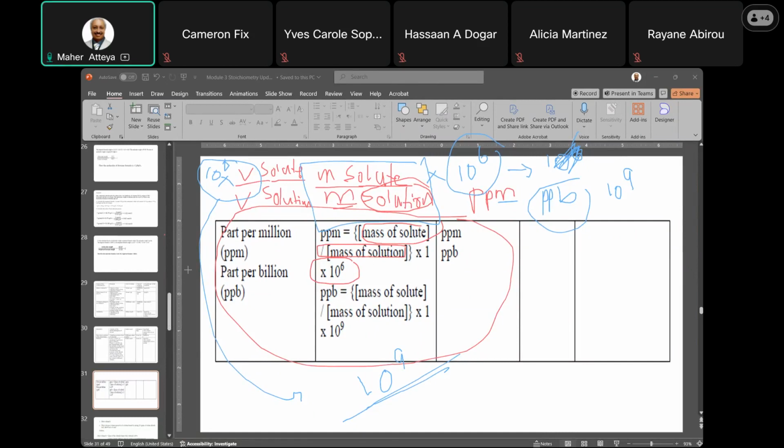It's the same as mass percentage and volume percentage: mass of the solute divided by mass of the solution, but instead of multiplying by 100, multiply by 10 to the power 6 for part per million, or 10 to the power 9 for part per billion. The same goes for volume of the solute divided by volume of the solution.